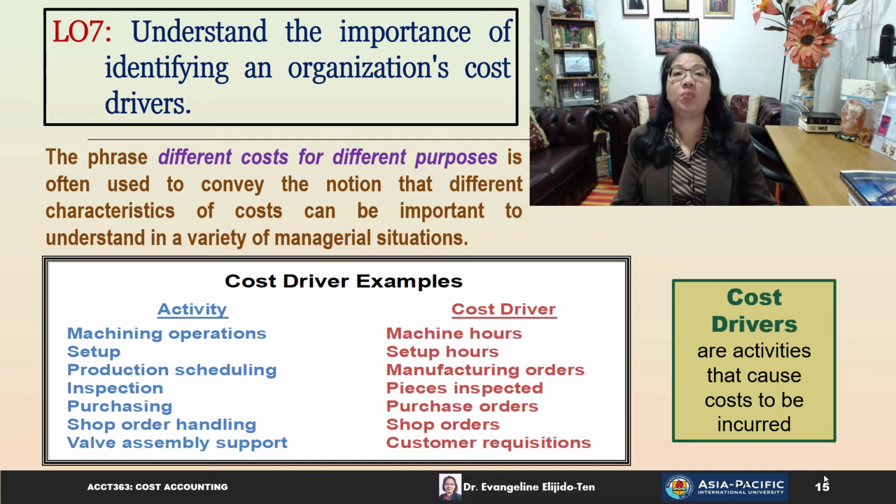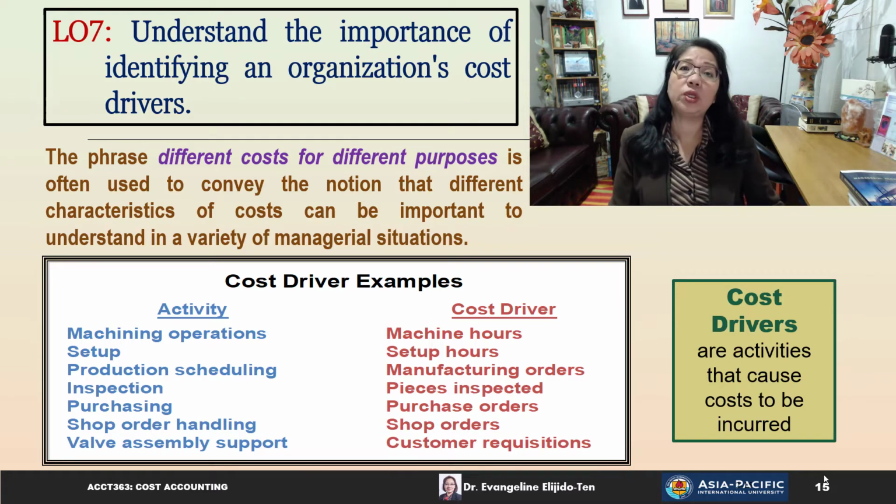Purchasing would be driven by the number of purchase orders made. Shop order handling activity would be driven by the number of shop orders. Valve assembly support, for example, could be driven by the number of customer requisitions. The higher the customer requisitions, the higher the valve assembly support would be.